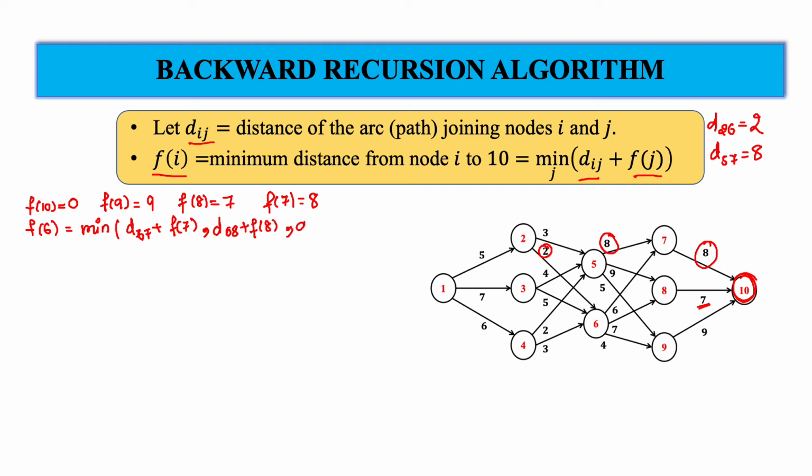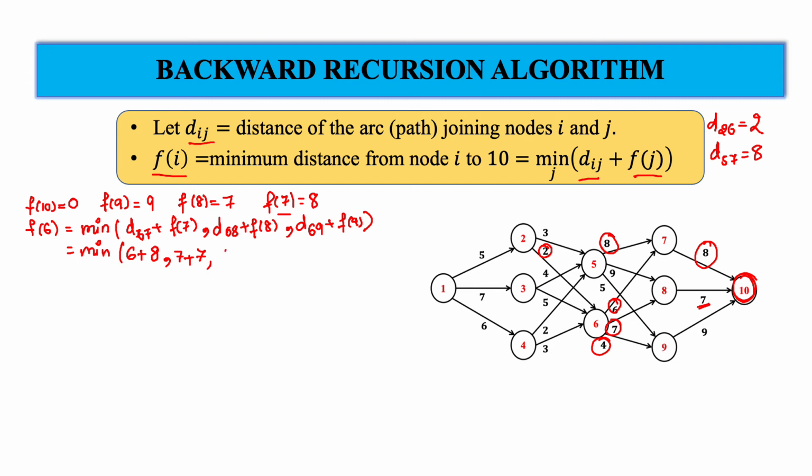And D6 to 9 plus F9. So put these values, you will get minimum of 6 to 7. What is the value? Distance value is 6, 6 we will write. From F7 you know minimum distance from 7 to 10 is 8. Similarly 6 to 8 is what? 7, and 7 plus F8 is again 7. Then F9 is 4.